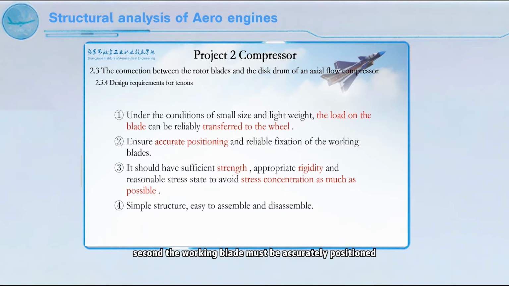Second, the working blade must be accurately positioned and reliably fixed. Third, it should have sufficient strength, appropriate rigidity, and reasonable stress state to avoid stress concentration as much as possible. Fourth, the structure should be simple and easy to assemble and disassemble.